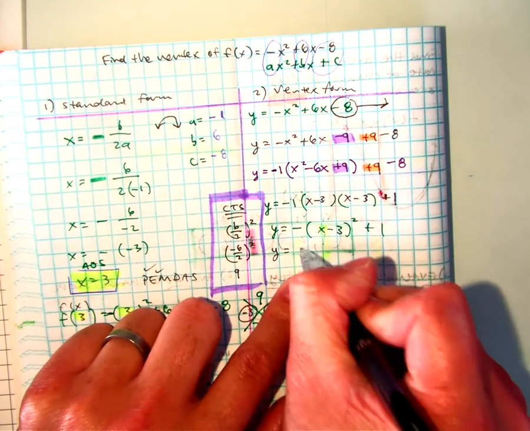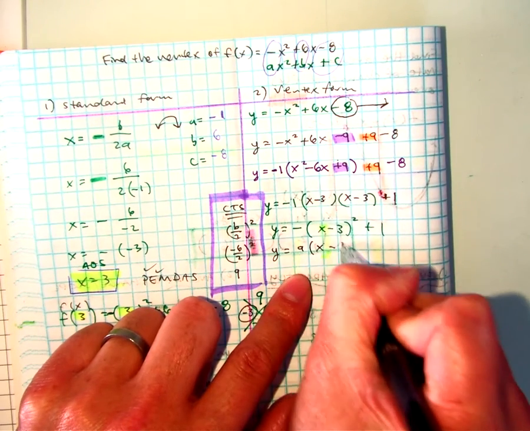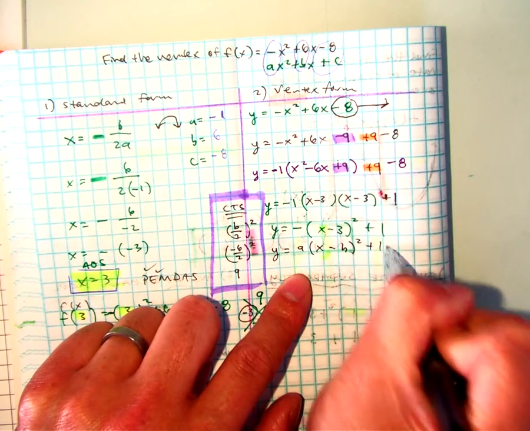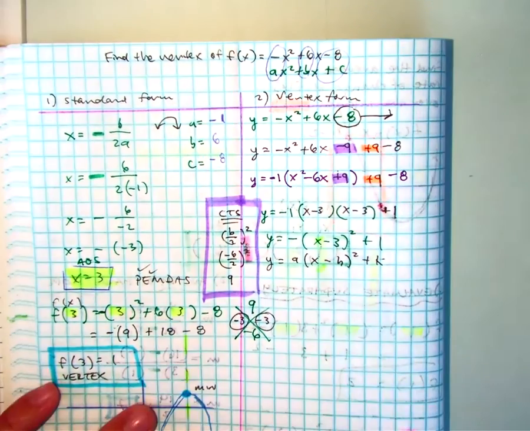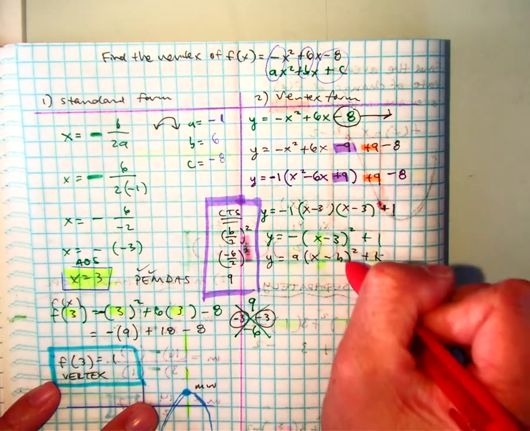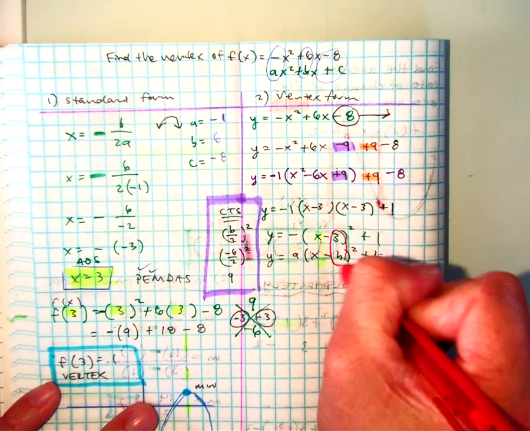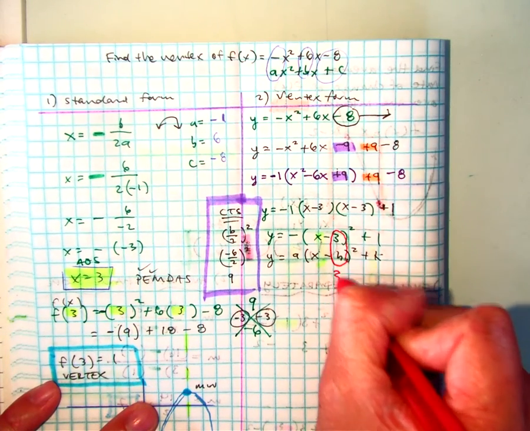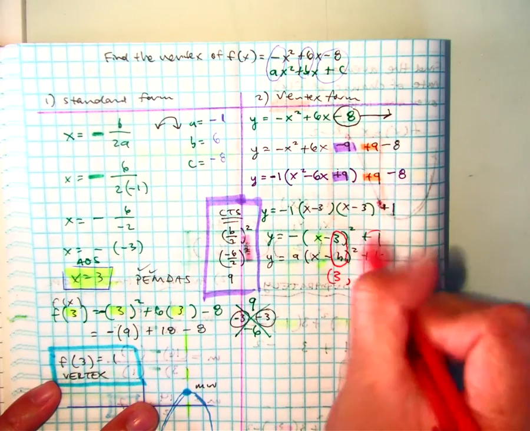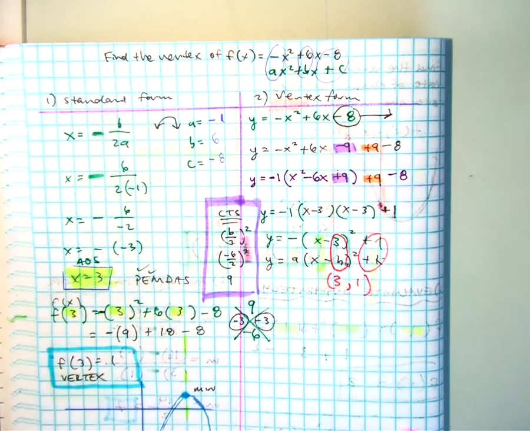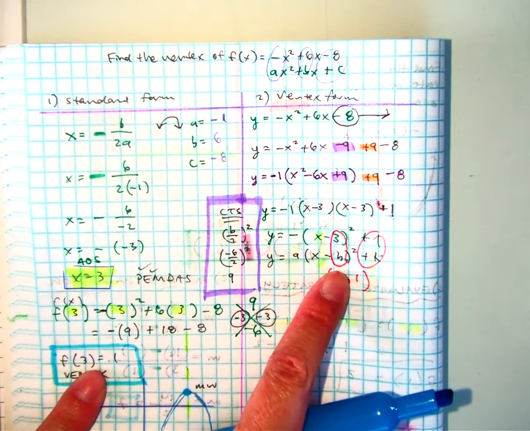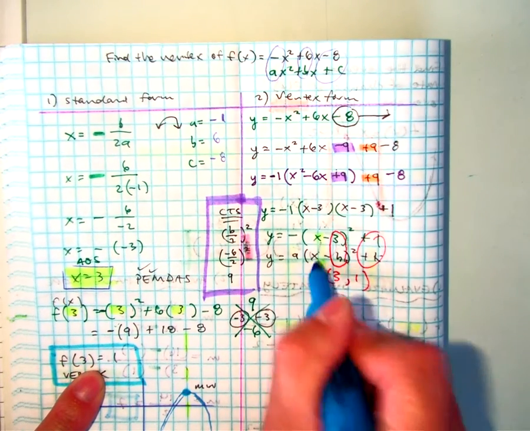So I'm going to write that right below it, and you'll see why we use completing the square. Don't include the minus sign because that's in the formula. My h value now is 3. My k value is 1. And you'll notice that this now matches what we got over here.